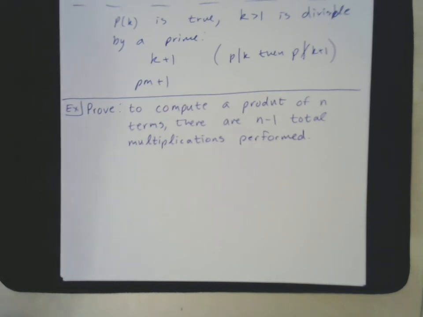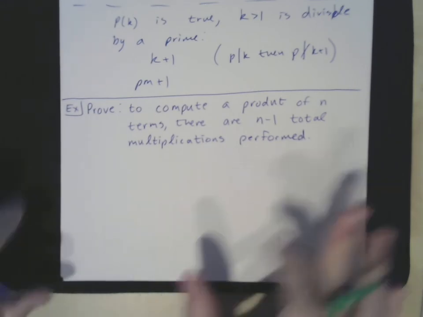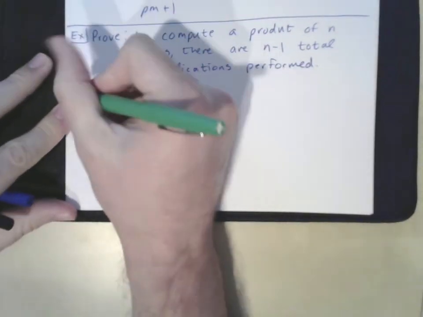So when you multiply n numbers, you're really doing n minus 1 total multiplications. Right.